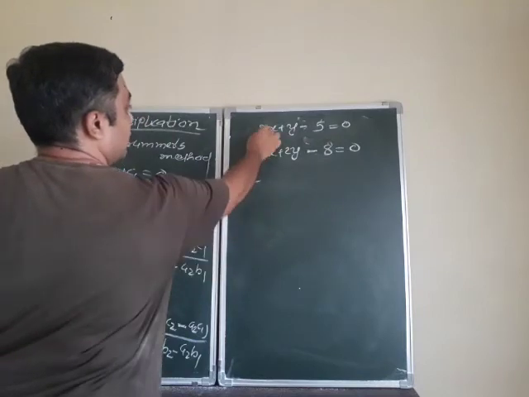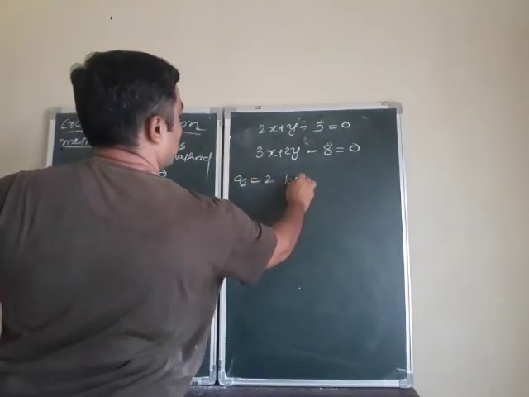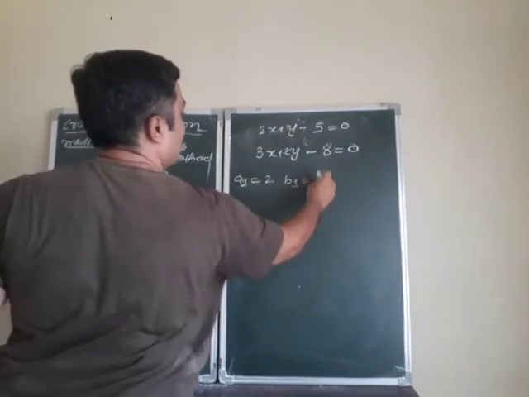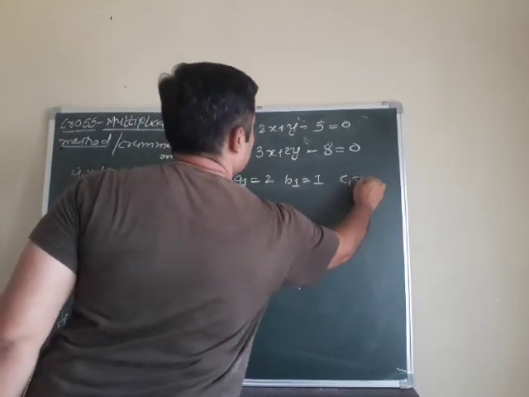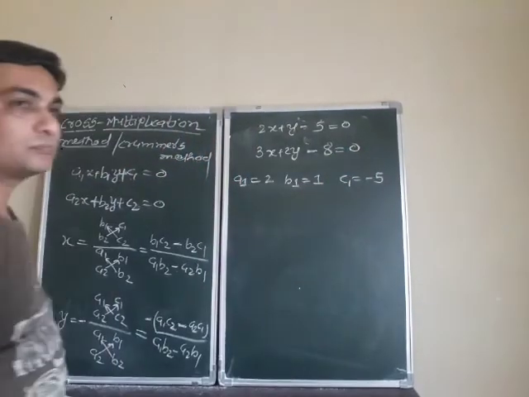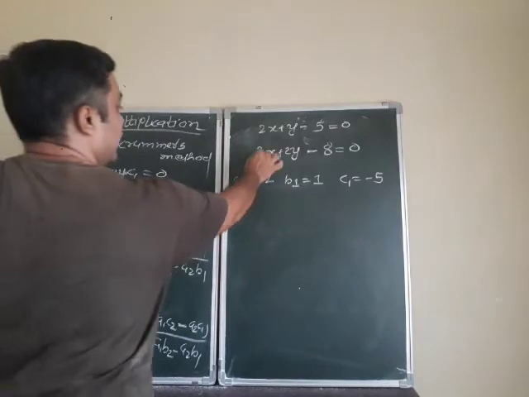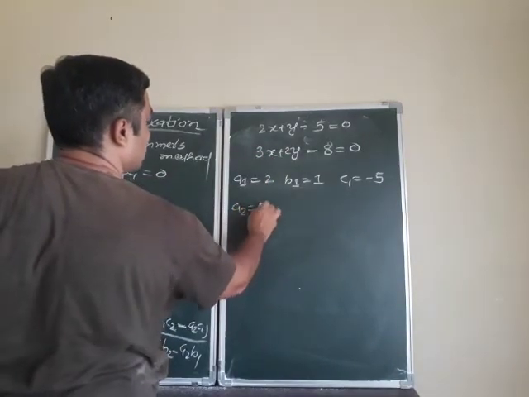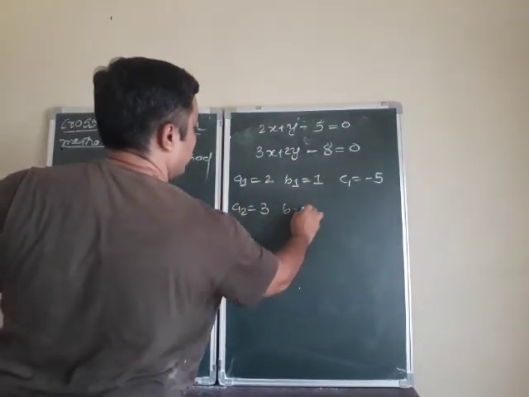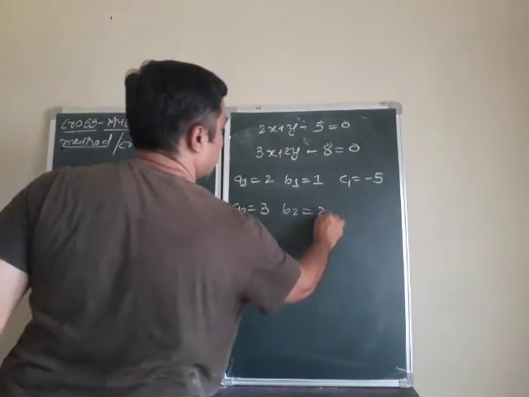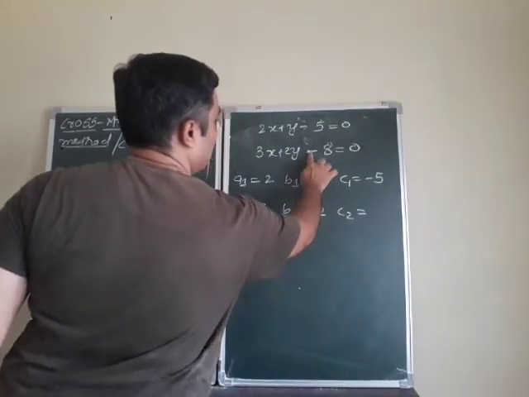So a1 is equal to 2, b1 is equal to 1 and c1 is equal to minus 5. Okay? Here a2 is equal to 3, b2 is equal to 2 and c2 is equal to minus 8.